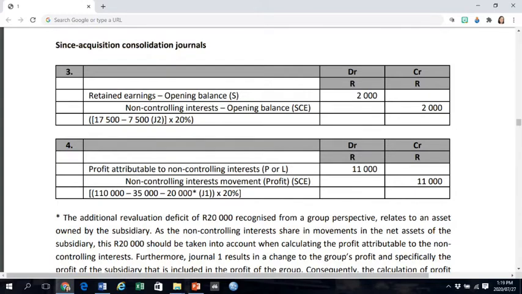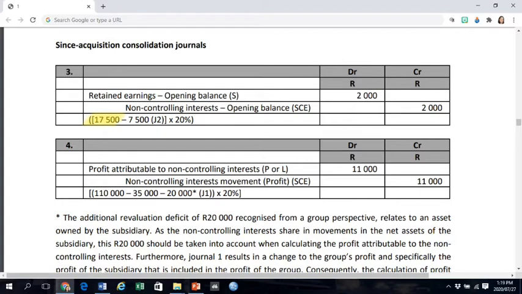In Journal 3, we attribute a portion of the since acquisition date retained earnings opening balance of the subsidiary to non-controlling interests. My starting point is the trial balance retained earnings opening balance of S. Then I ask the question whether there were any consolidation journal entries that changed this retained earnings opening balance of S. That is then taken into account in this calculation before I attribute.